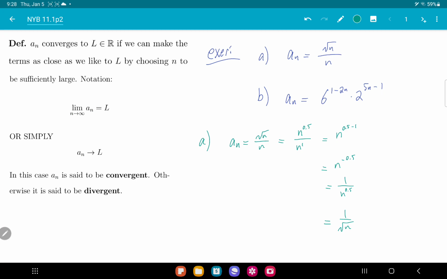Okay, now I see I have 1 over something that's going to infinity. So the limit here is 0. Okay, I got a real number, so it's convergent. But if you want, you can write the word convergent there as well.